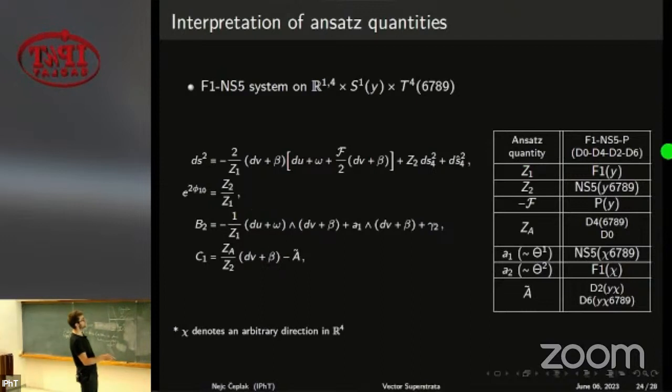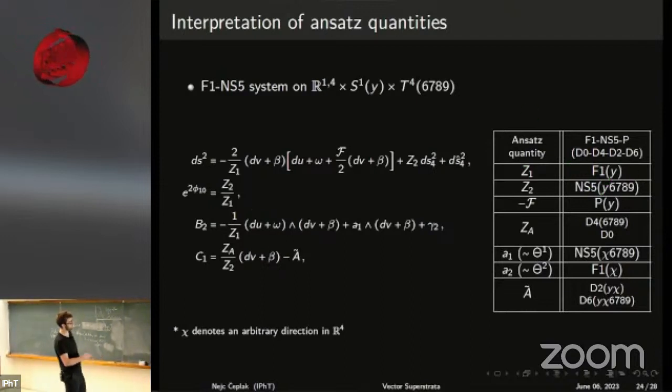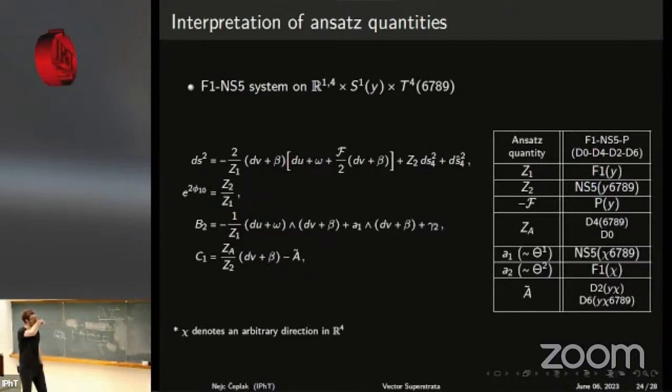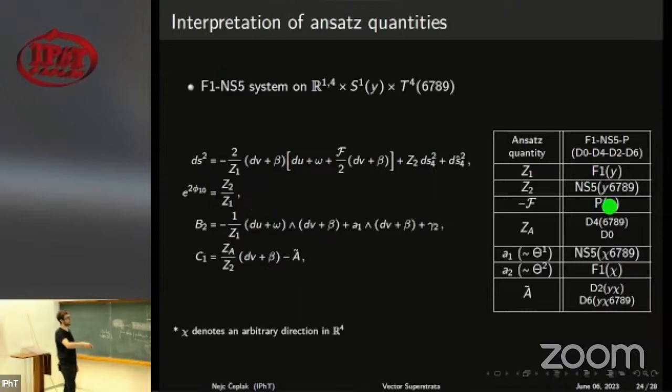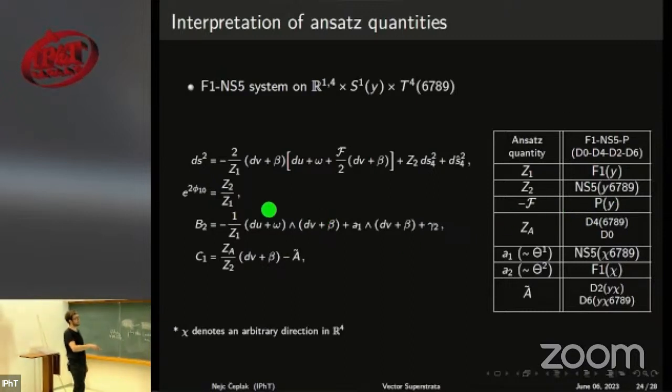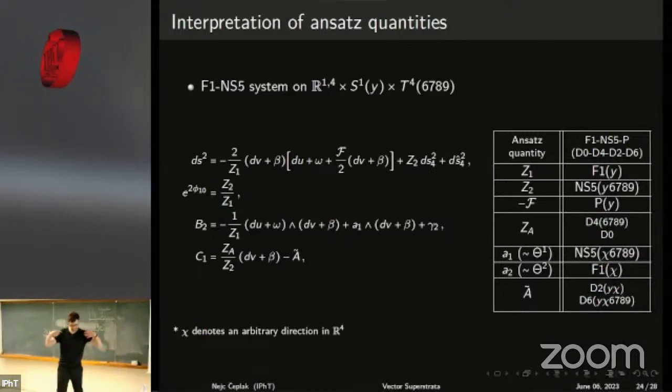The Z2 corresponds to the distribution of NS5s, and so on and so forth. The important thing here is that ZA, which is just the dv component of your one-form, corresponds to literally the point sources of D0, D4 branes in your R4. Why is this important in the grand scheme of things?